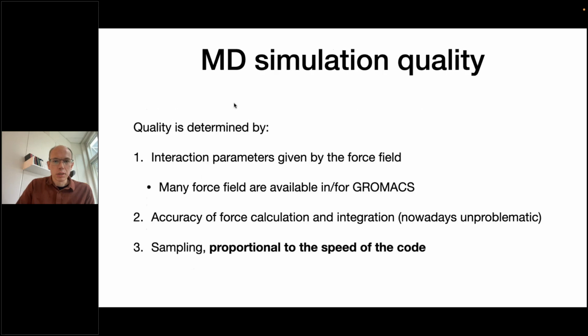Okay, so then a general note, since I don't know how much the audience knows about molecular dynamics simulations. This is actually in many cases a general observation, but just to be clear about this. The quality of a simulation is determined, for one thing, by the interaction parameters given. That's the parameters in your model, which are given by the force field, which for atomistic systems consists of thousands of parameters.